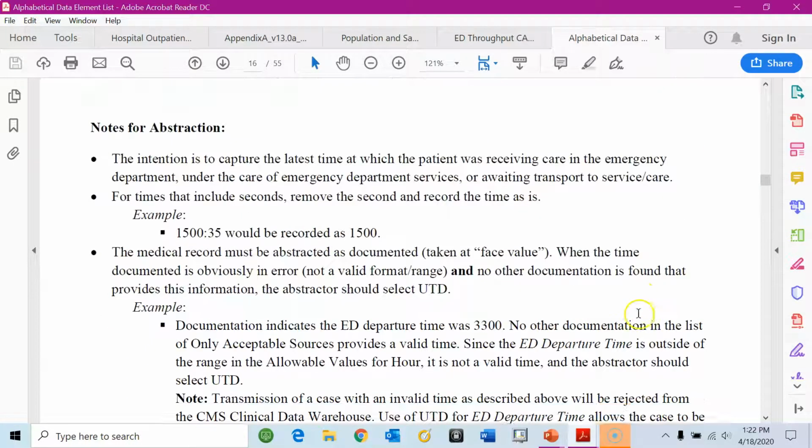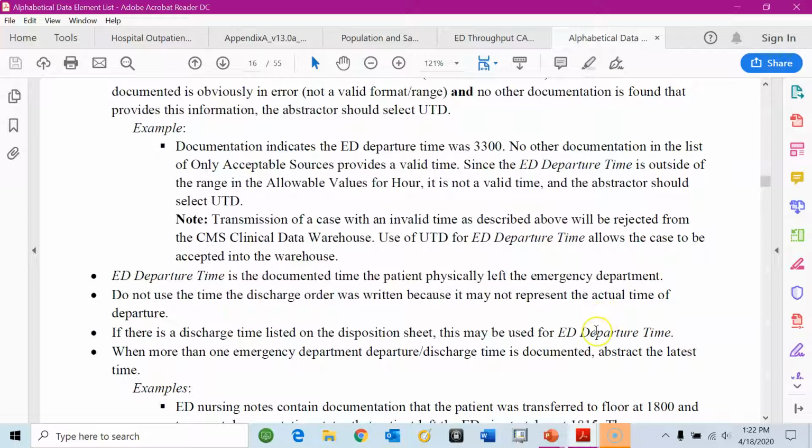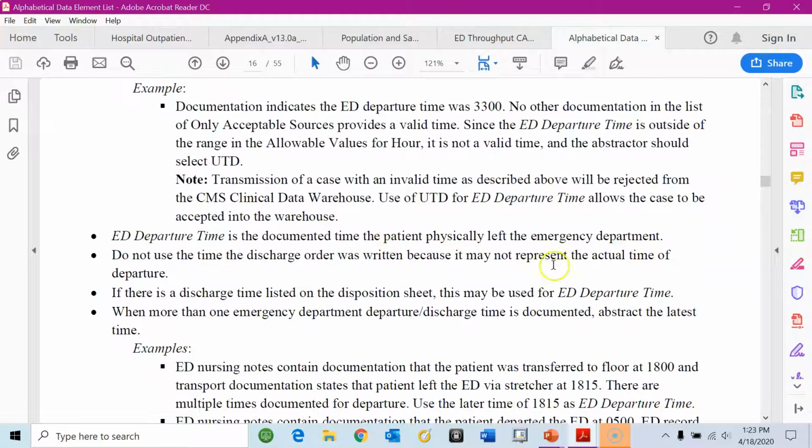You've got instructions, because what if there's more than one time? Which do I take? You want the time the patient physically left the emergency department. Don't use the time the discharge order was written, because that might not be the time the patient actually left. The physician could have written the order, but maybe for whatever reason the patient is there for an hour, a couple of hours. You want the time the patient physically left the department.